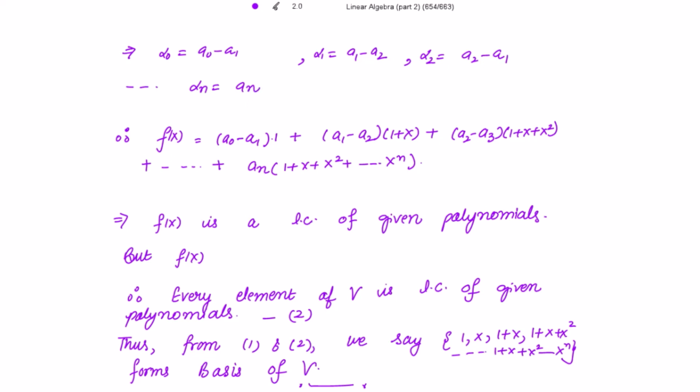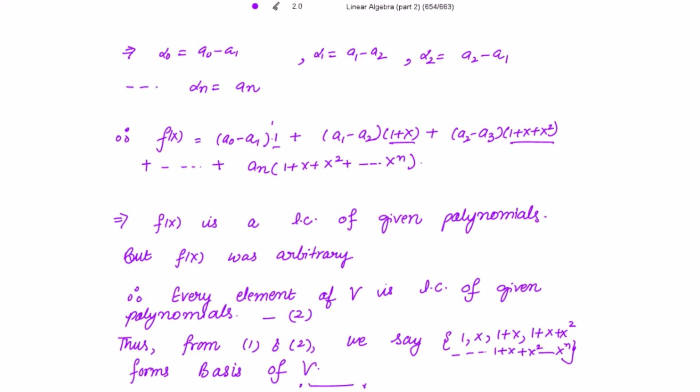Now putting these values in star, I get f of x equal to this, which means f of x is now a linear combination of the given polynomials. But f of x was arbitrary, which means every element of V is a linear combination of the given polynomials. Let me mark this as 2.